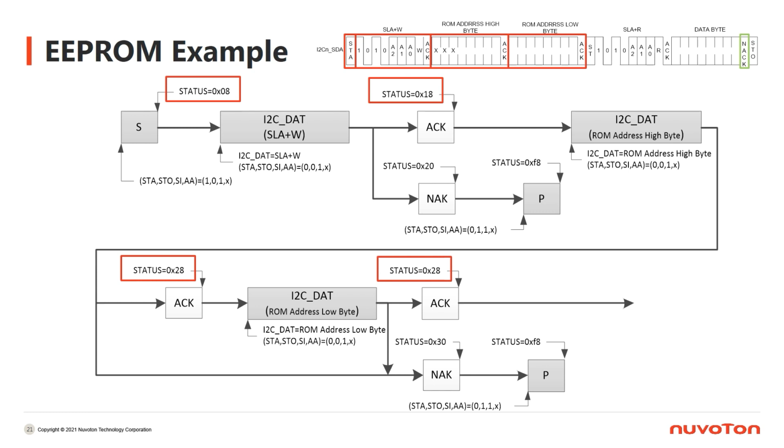After getting an ACK from sending each data chunk, the status register is changed to hex value 28. However, if non-ACK is received, the status register will be either hex value 20 or 30, depending on the flow. If a stop signal is sent, the status register will be hex value F8.